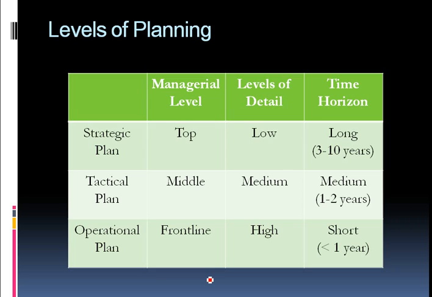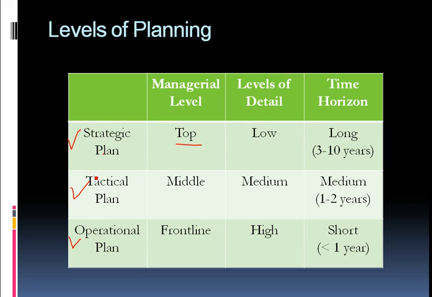And this table shows levels of planning. There are three levels of planning: strategic plan, tactical plan, and operational plan. In most cases, the strategic plan is made by the top managers. Okay?